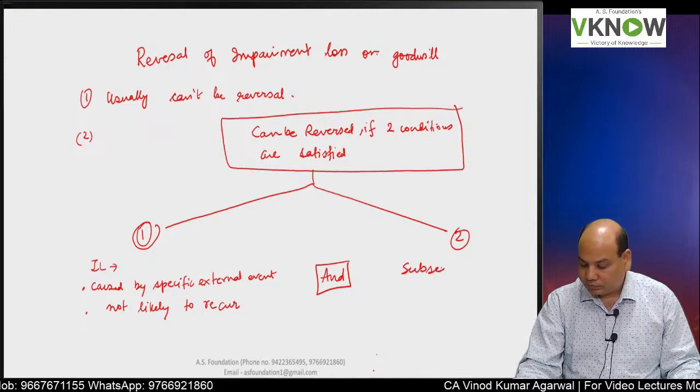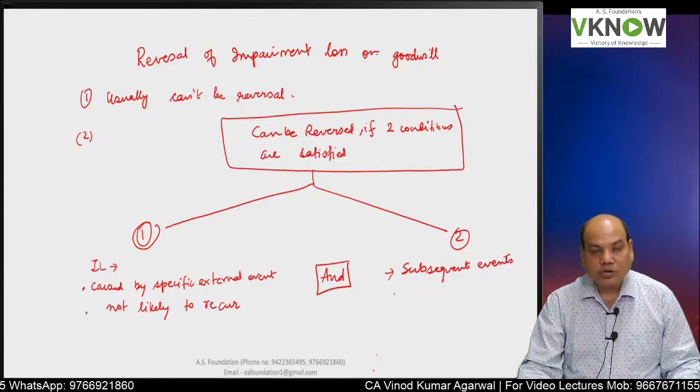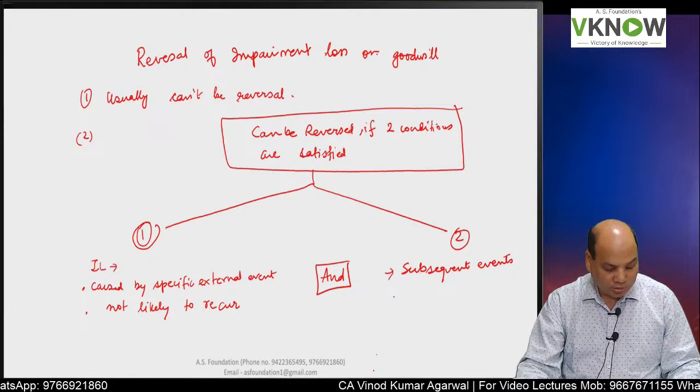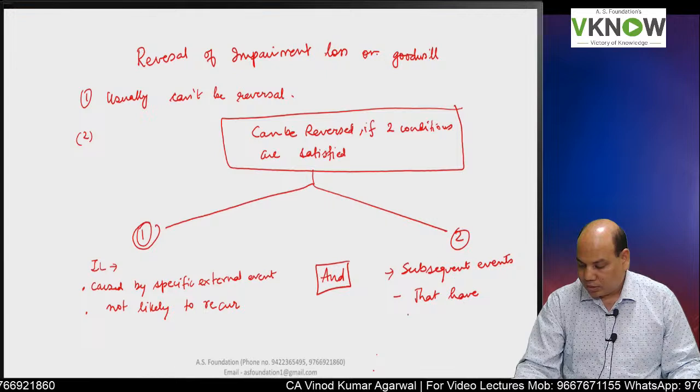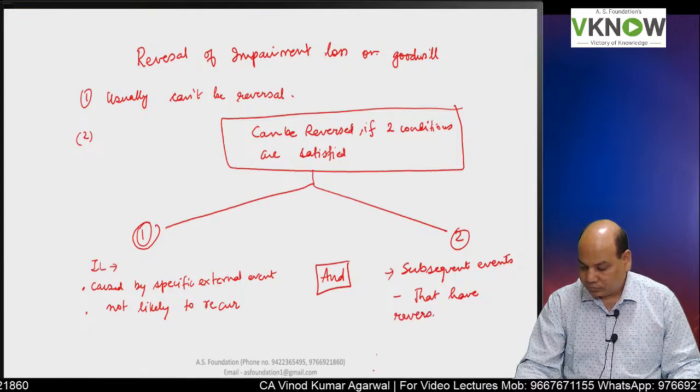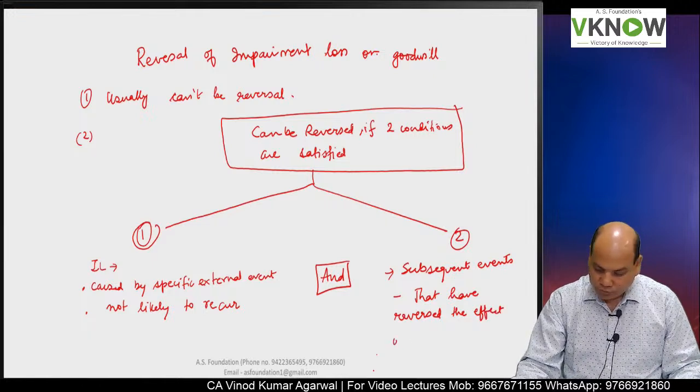Both conditions are to be fulfilled. The second is that subsequent events have occurred that have reversed the effect of that event.